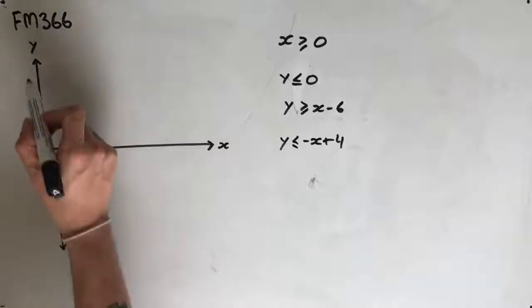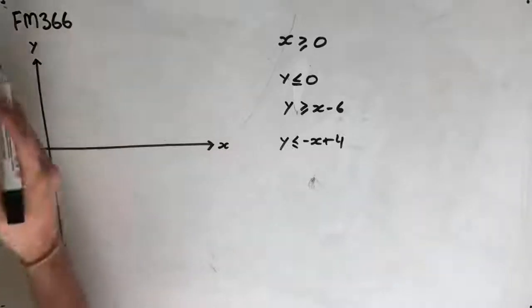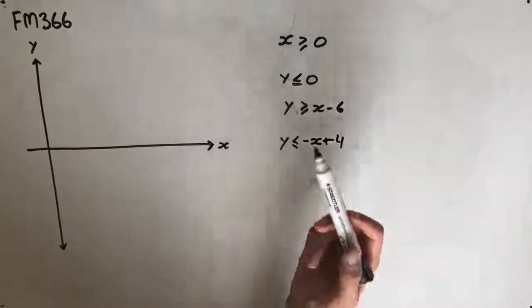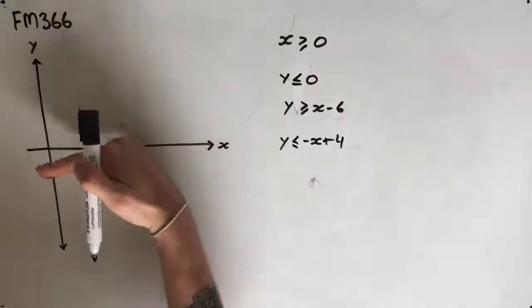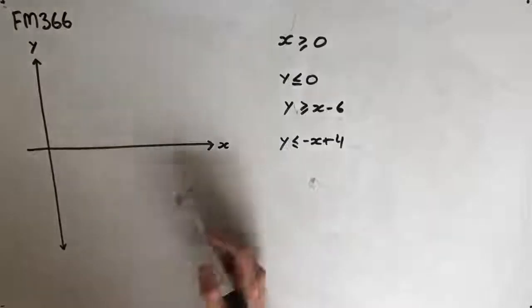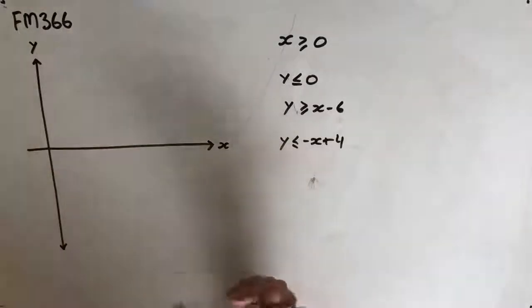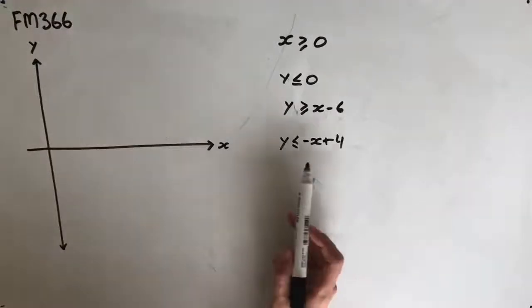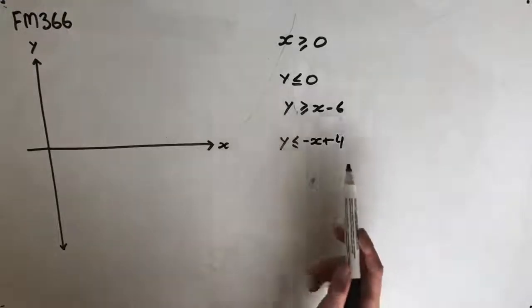Y is less than or equal to 0 means that we're including everything below the x-axis. So our feasible region is already limited to this quadrant down here in the bottom right.